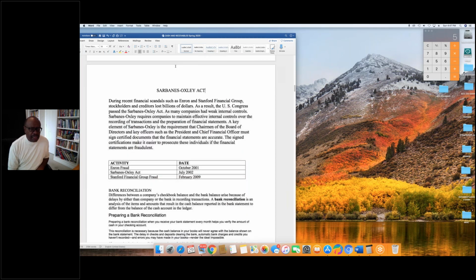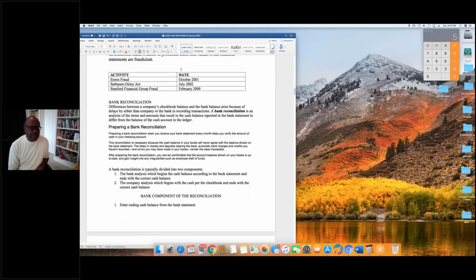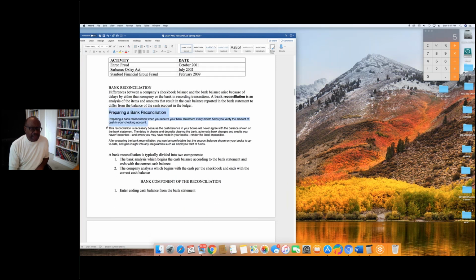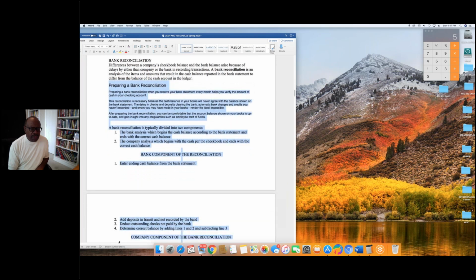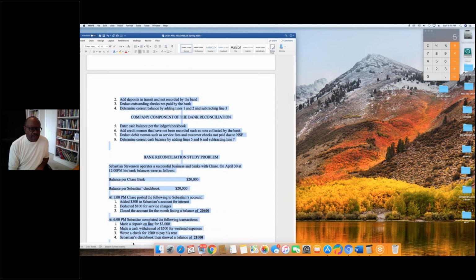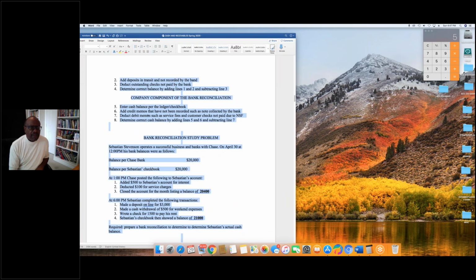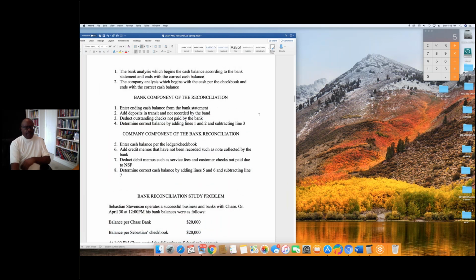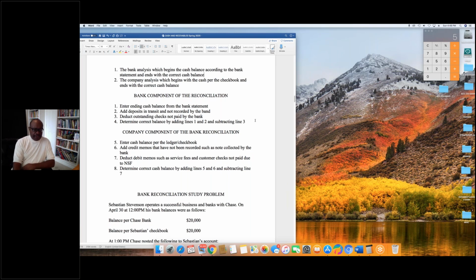The bank reconciliation, we talked about this briefly earlier. You're going to reconcile your bank statements to make sure that the money is correct.